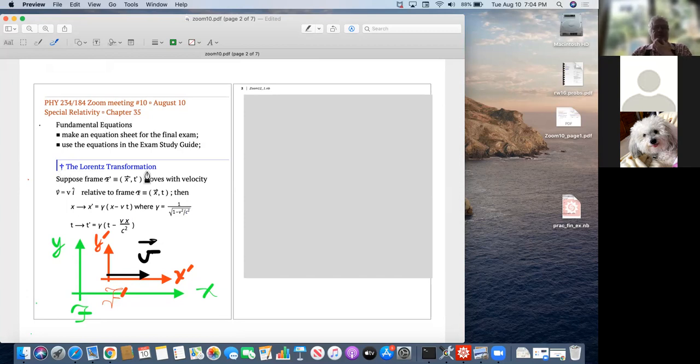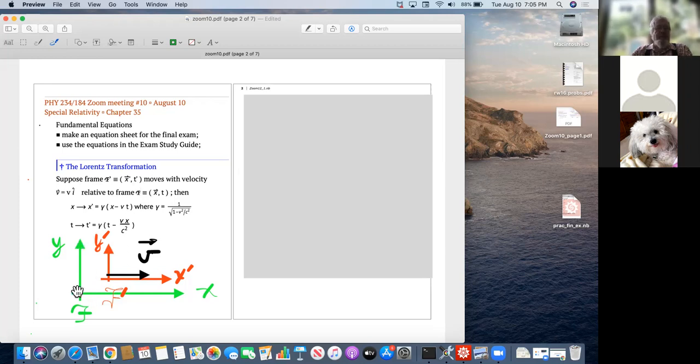First of all, the Lorentz transformation relates coordinates of space and time for different frames of reference, different inertial frames. So suppose we have an inertial frame F with coordinates x and t, and then moving with respect to F, we have another frame F prime with coordinates x prime and t prime.